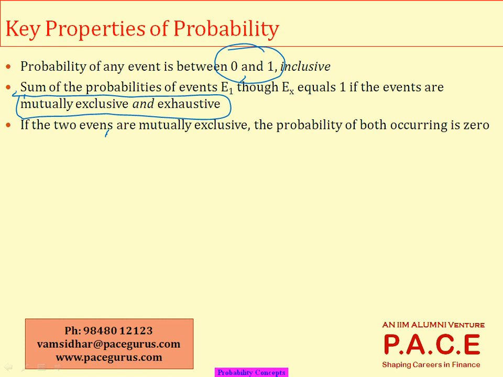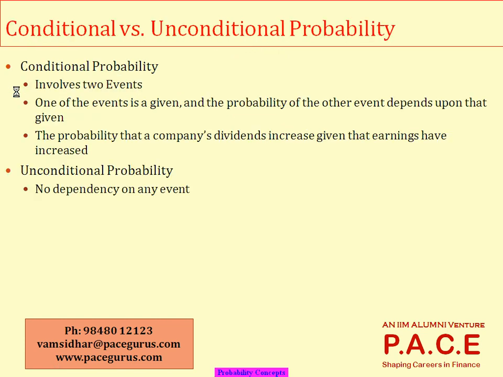And if two events are mutually exclusive, which means if A occurs, B should not occur, and vice versa, then the probability of both those events occurring together is 0, right? Because if A occurs, B cannot occur. That's the reason they are called mutually exclusive. If that's the case, for both of them occurring together, there is no chance at all. It's a definite no. That's where we are calling it 0.